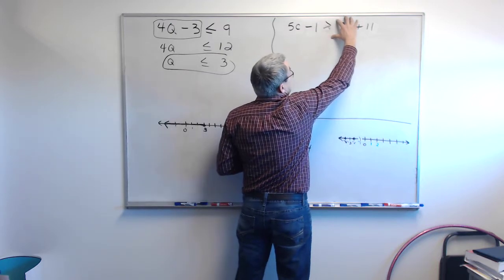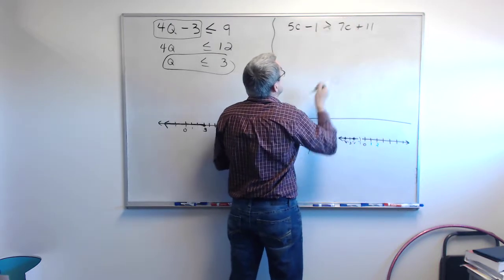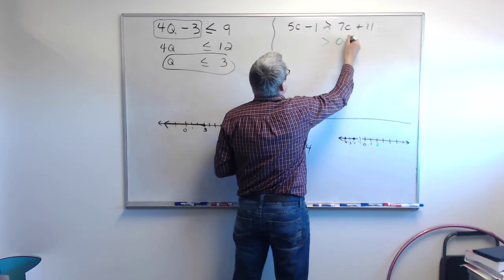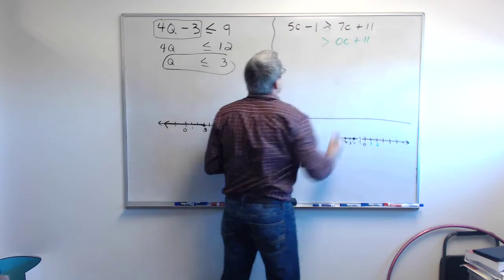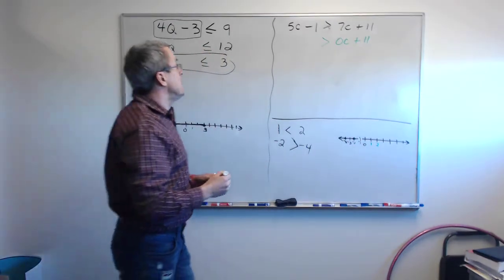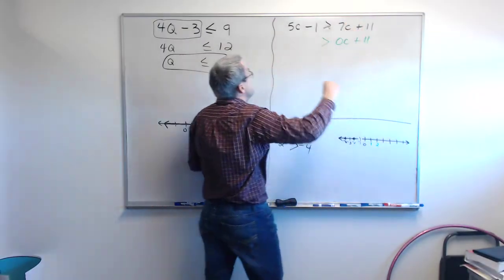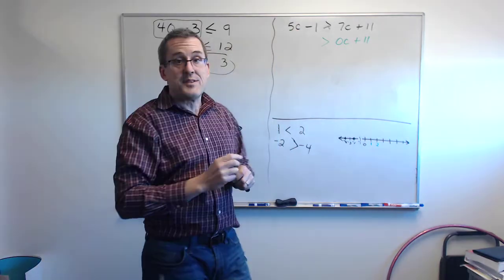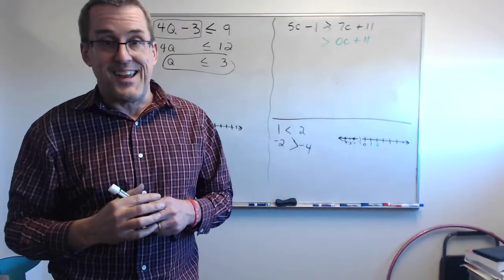Let's make this story ready. Let's take 7c off of both sides. Now if you take 7c off of this side, you'll get 0c. As you saw in a previous video, if you take 7c off of this side, you've got to take 7c off of this side. So from 5c, take off 7c.